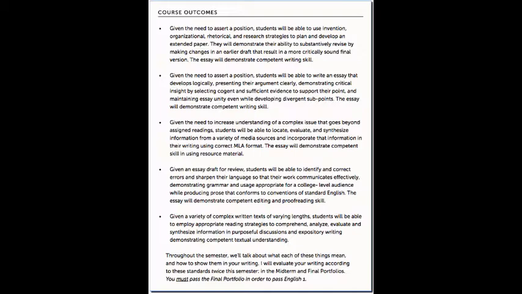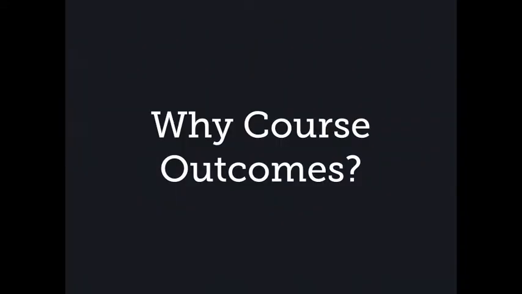Because of this, these are also the outcomes on which future classes are based. If you take English 2 next semester, your instructor for English 2 will assume that you're going to be able to do all of the things on this list as a student who passed English 1. And this is why course outcomes are so important, and why our portfolio rubric is based on our course outcomes.